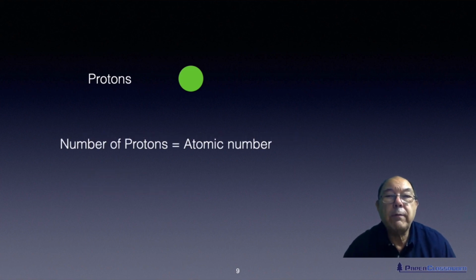Each element has a unique number, and that number is the number of protons. So if there's 1 proton there, irrespective of what else is there, it can only be 1 element. If there's 10 protons, it can only be element number 10. If there's 105 protons, it can only be element 105. So the protons are the same as the atomic number.